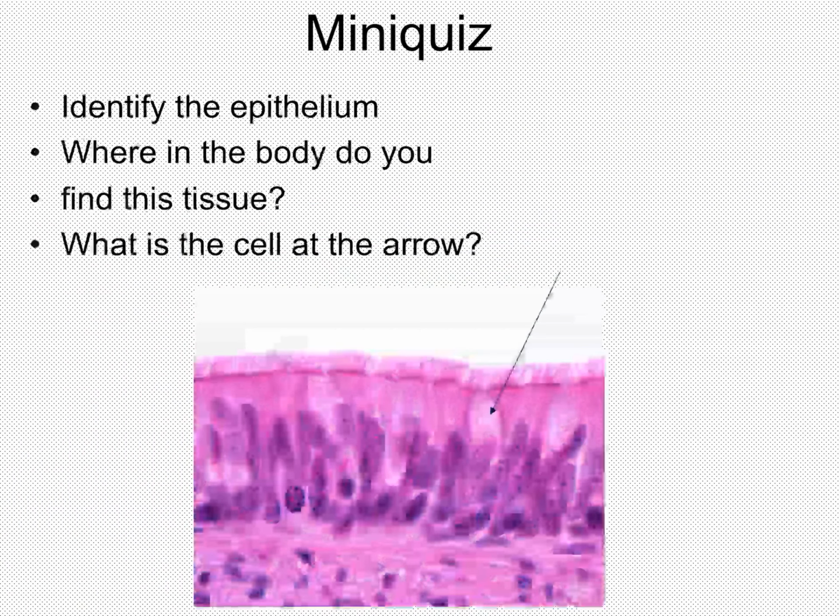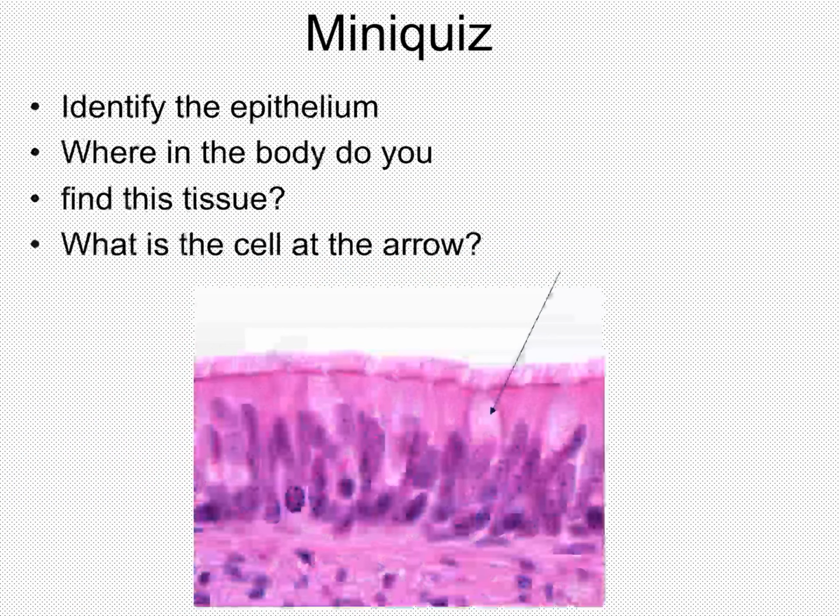All right, excellent. Here's another kind of tissue. Identify the epithelium. Where do you find this tissue in the body, and what is the cell at the arrow? We haven't gotten there yet, so let's do the first two. The epithelium is pseudostratified ciliated columnar epithelium. Where do you find this tissue in the body?